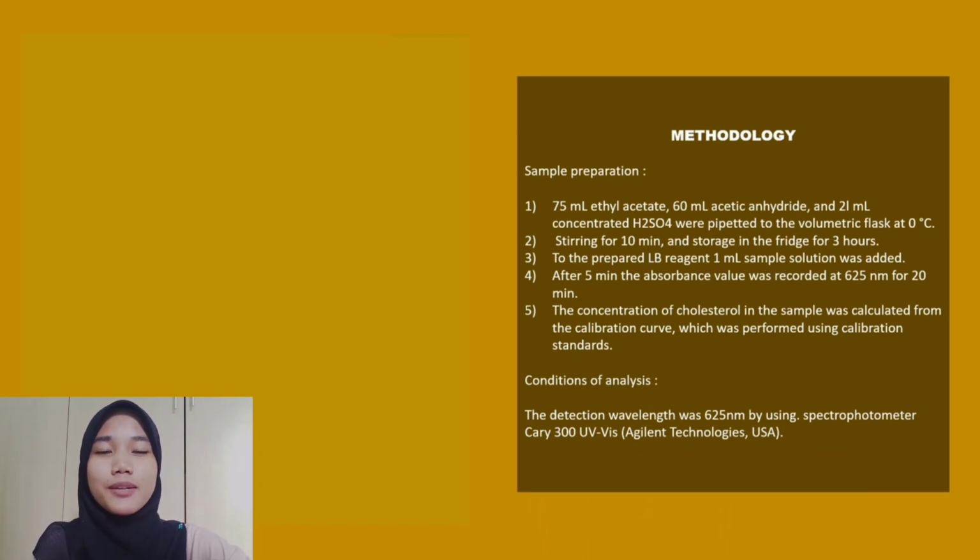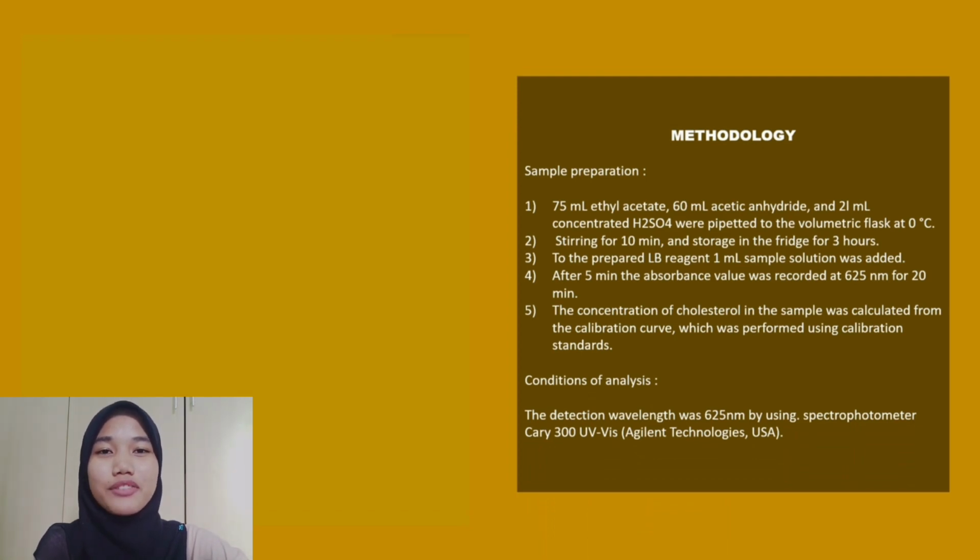Third, to the prepared LB reagent, 1 ml sample solution was added. Fourth, after 5 minutes, the absorbance value was recorded at 625 nanometer for 20 minutes. Lastly, the concentration of cholesterol in the samples was calculated from the calibration curve, which was prepared using calibration standards.